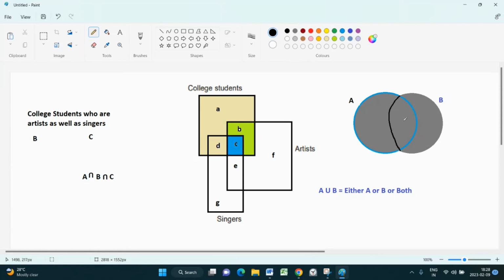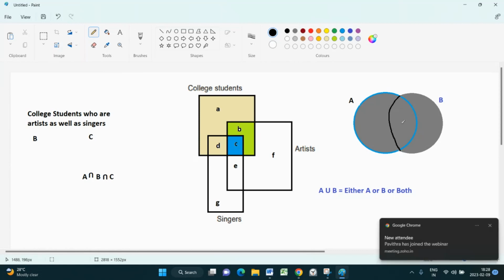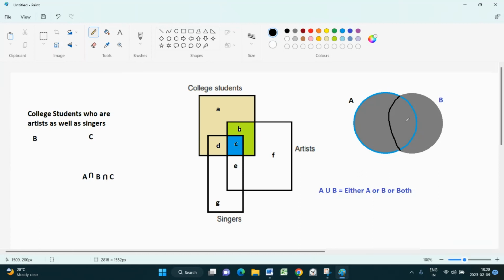Either A only, or B only, or both A and B. This is the explanation for A union B.